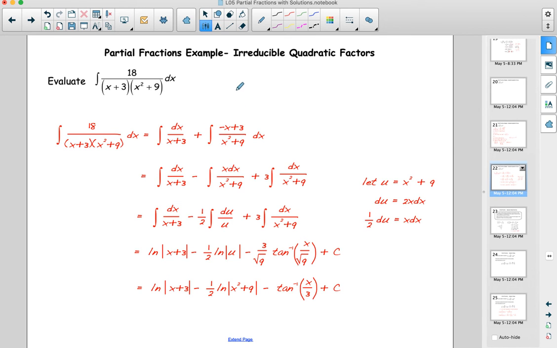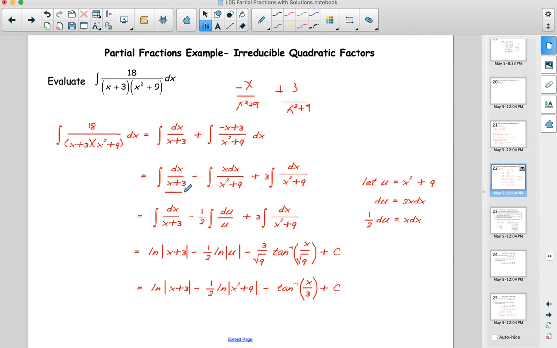I'm now going to split this into 2 because this is negative x over x squared plus 9, undoing our common denominator, if you like, plus 3 over x squared plus 9. So I'm going to split that using the linearity property of integrals into dx over x plus 3 minus the integral of x dx over x squared plus 9 plus 3 times the integral of dx over x squared plus 9.